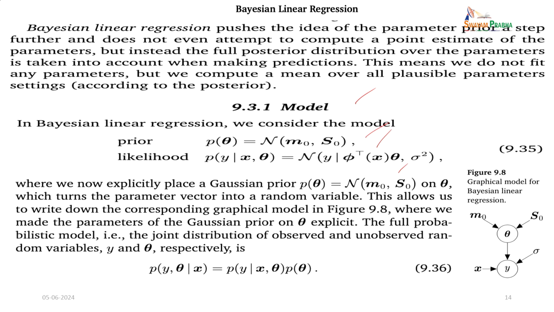This allows us to write down the corresponding graphical model in figure 9.8 for Bayesian linear regression, where we made the parameters of the Gaussian prior on theta explicit. So, the full probabilistic model, the joint distribution of the observed random variable y and the unobserved theta, is p of y, theta given x equal to p of y given x, theta times p of theta.